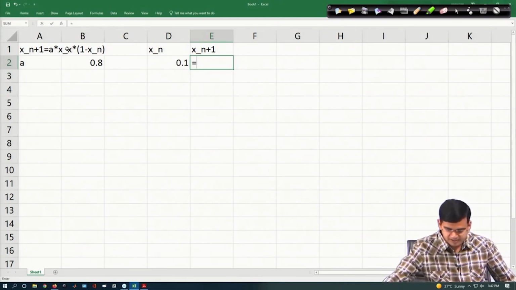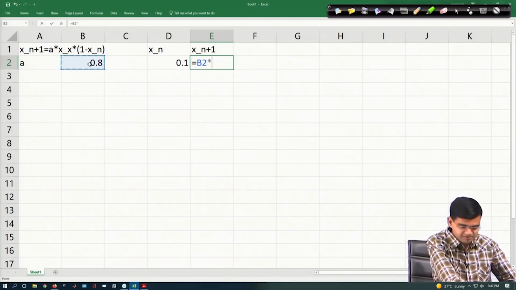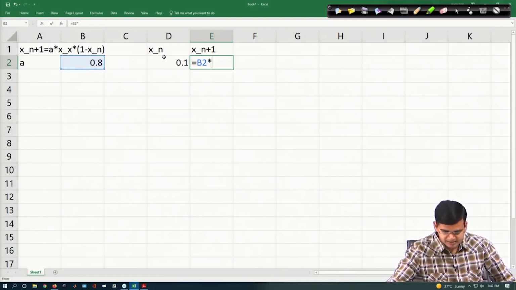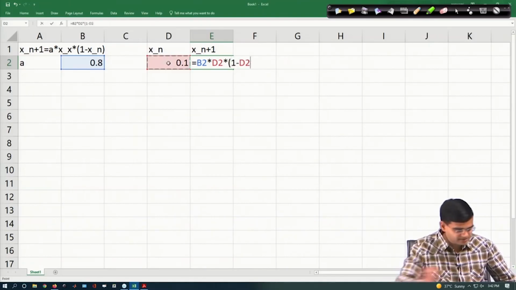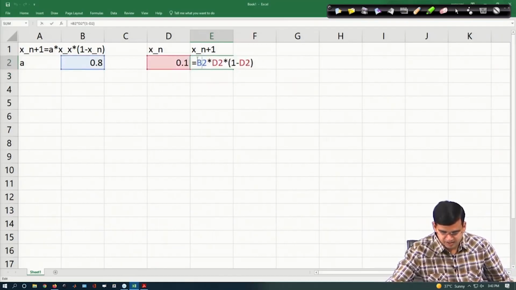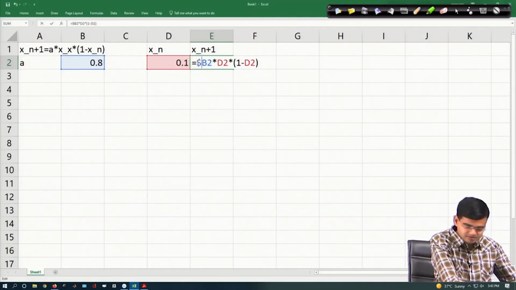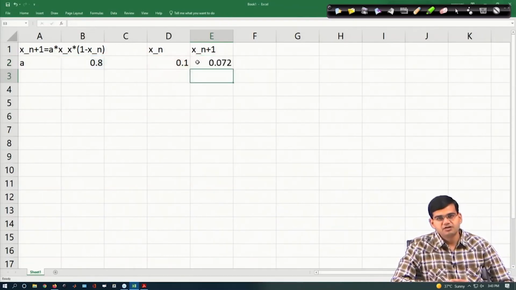So, what would happen here? This would be a multiplied by x n multiplied by (1 minus x n), with a small change that I will make, making a a constant. What was our working algorithm?